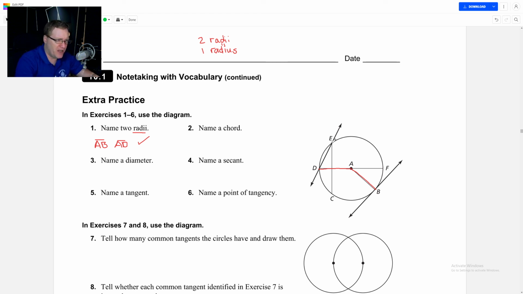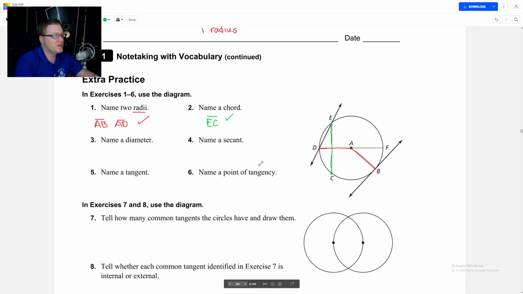Look, if we start at E and we draw a line segment down to C, those are 2 points on the circle, so E to C is a chord. So we write a chord is line segment EC. All right, and that's it. That's what we need to write.